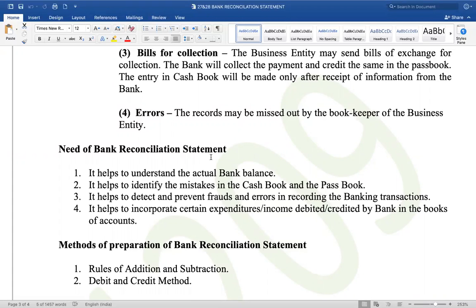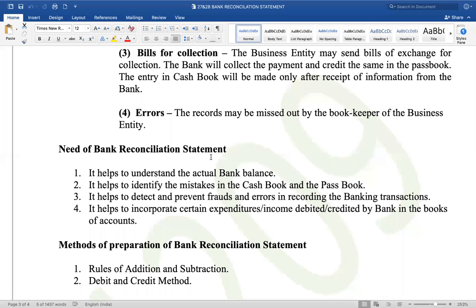As per cash book, the amount is 10,000, but as per passbook, the amount becomes 15,000 because the amount is already collected. Till it is not passed on, the amount as per cash book is 10,000 and as per passbook is 15,000. But once it is communicated, it is rectified, right?